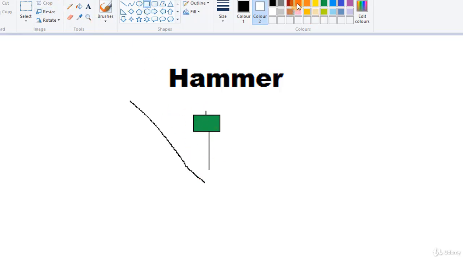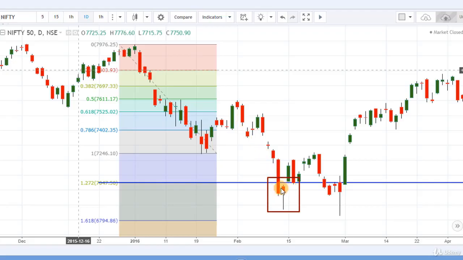Let's say the next candle is a green one which opens above this one. So let's say we get this kind of candle, then that is a sure confirmation of the uptrend. This is a downtrend. Here you can see we got the hammer, and the next candle is a green one, also above this hammer. So this was a sure confirmation of the trend reversal, and the trend got reversed.